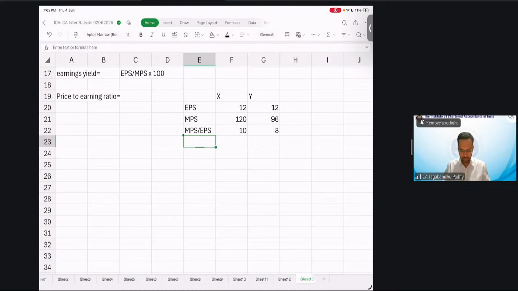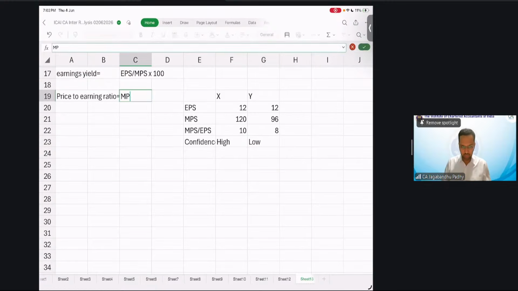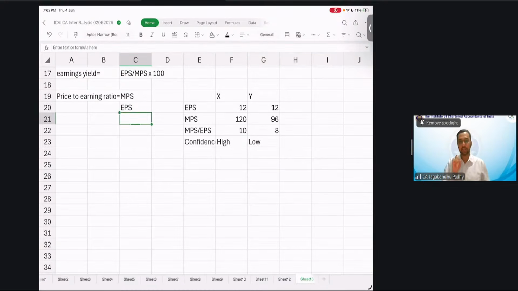So of course, when we say confidence, here the confidence is high and here the confidence is low, guys. So X has greater confidence because it is commanding a higher price as compared to its earnings. So the price to earnings ratio is MPS upon EPS, and this tells you how confident the shareholders are when it comes to the company.